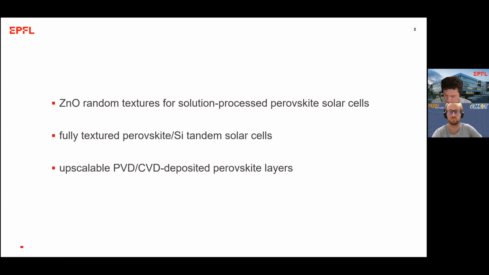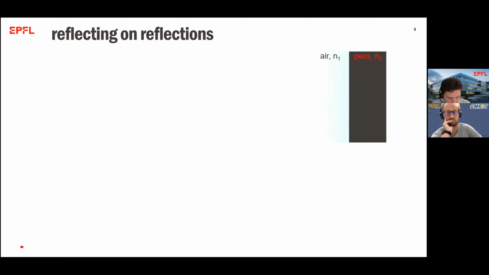Okay, so let's quickly recap what we know about reflection. On the top right side, you can see the interface between air, refractive index N1, typically around 1, and the perovskite, refractive index N2, typically around 2.5. Under normal incidence, we have a certain amount of reflection.